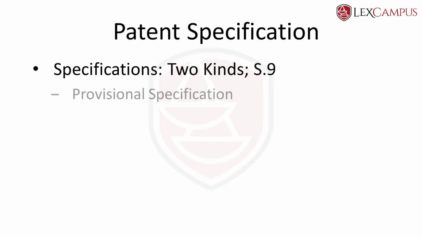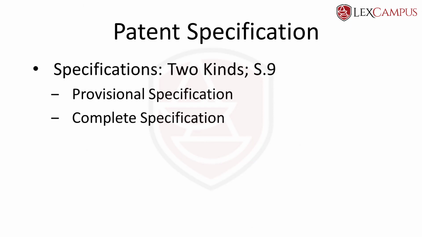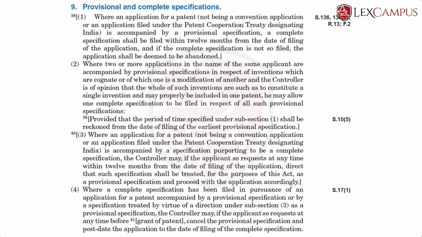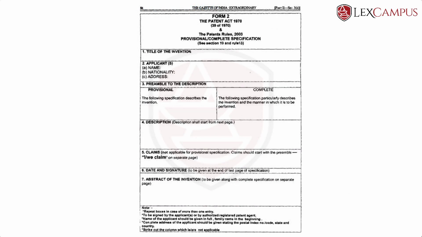Section 9 talks about 2 types of patent specification, provisional and complete, and you use the same form for provisional and for complete. So when you look at Form 2, it is titled Provisional/Complete Specification.